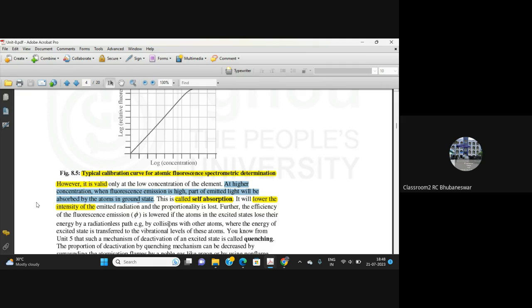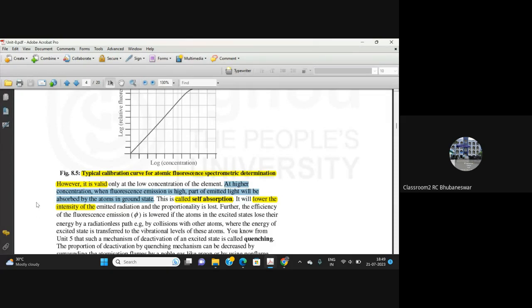When they emit radiation, that emitted radiation can also be absorbed by the remaining 80. Among those, some 60 may absorb that emitted radiation, and again they may go up. So that is what self-absorption is. That is why the intensity may reduce.